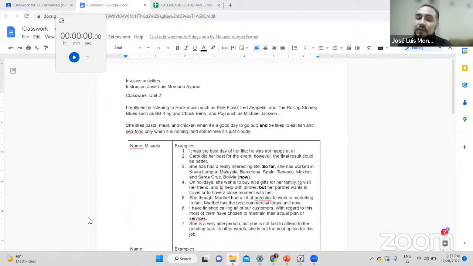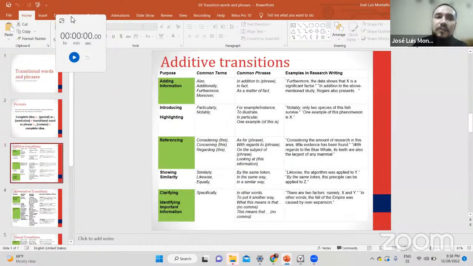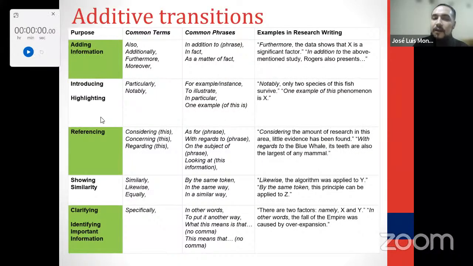Let's begin then. We need to continue working with transitional words. That's what we're going to do. So we got to see only the first part, that it was additive transitions. You have 5 categories in total for additive transitions.